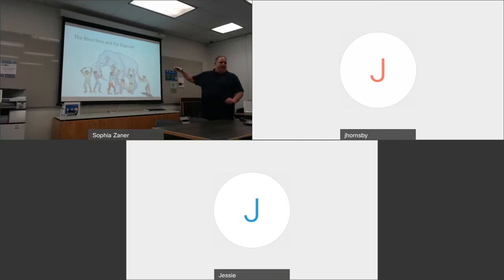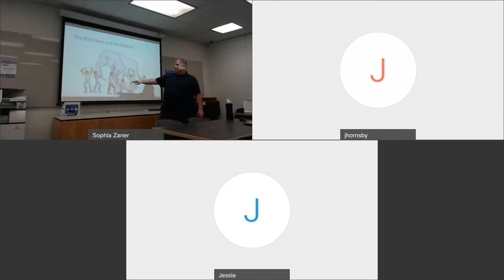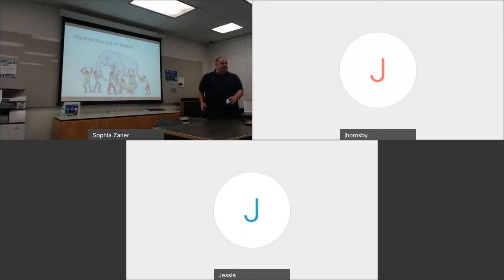And they all touch a different part of the elephant. And based on their tactile experience with the elephant and where they're touching, they all report something different. So this guy with the tusk says it's a spear. This guy says it's a hose, rope, wall, fan, it's a tree trunk. Who's telling the truth?